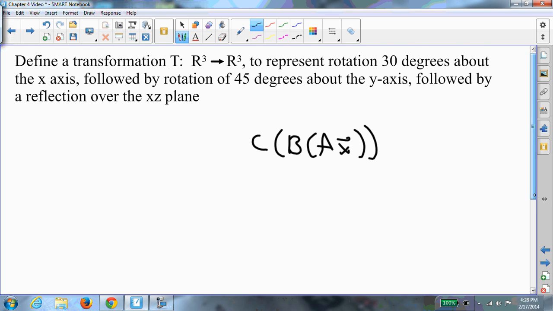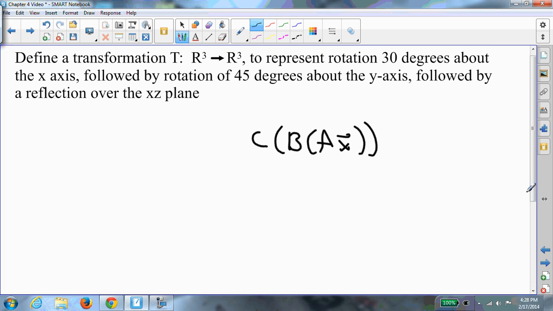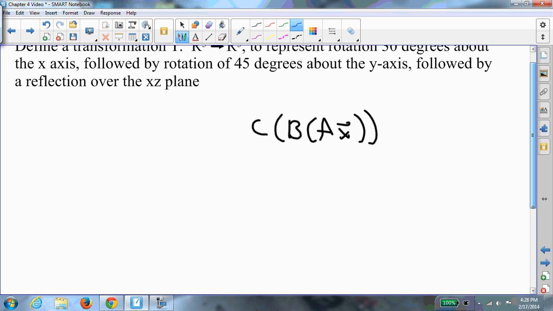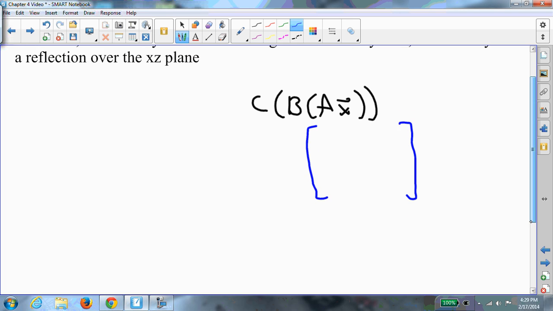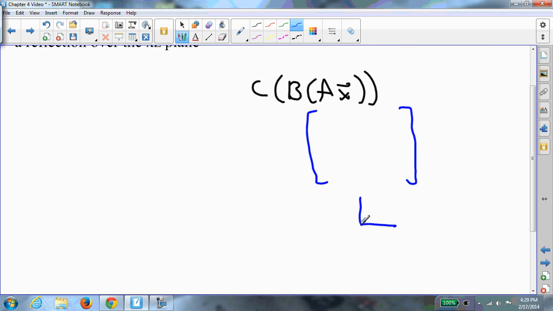We have here 3 transformations. Rotation 30 degrees about the x-axis, followed by 45 degrees about the y-axis, followed by reflection about the xz plane. So I will do these one at a time. Let's start with the rotation of 30 degrees about the x-axis. So if I were to draw a picture, here's my x-axis, here's my y, here's my z.